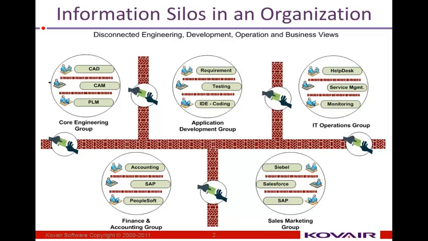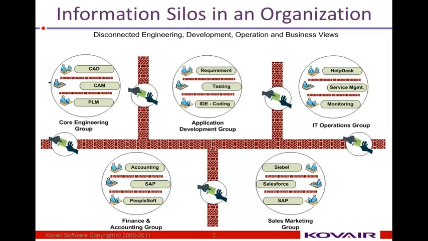Then, of course, you have the ERP being used in the finance and accounting, as well as the CRM and ERP in the sales and marketing groups. Now, all of these groups are using a large number of software, but as you can see here, within the group as well as between the groups, there is very little communication.